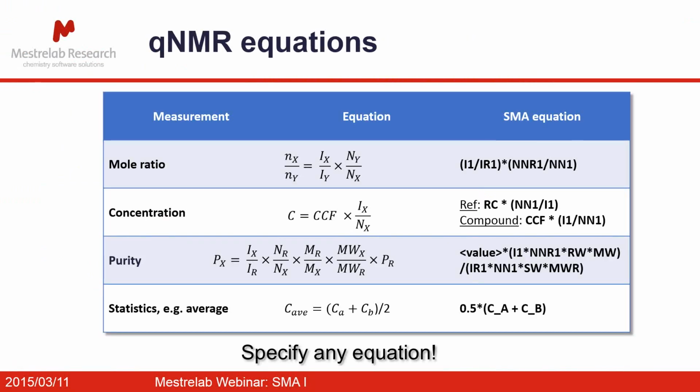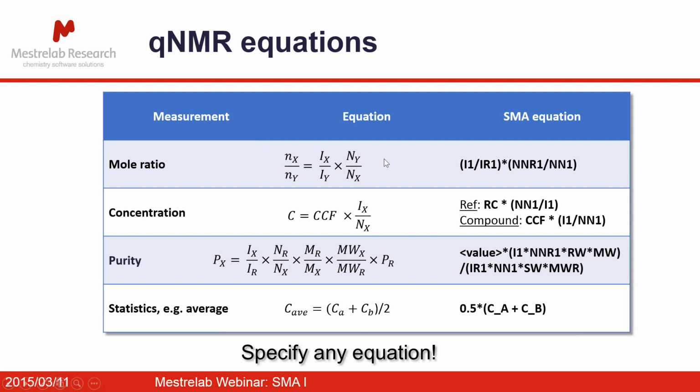Okay, so the qNMR equations, there's not a lot of them that you really need to worry about or might consider using, but here are a couple that you may find useful. So some sort of mole ratio might be given by this particular equation here. These are all textbook equations.